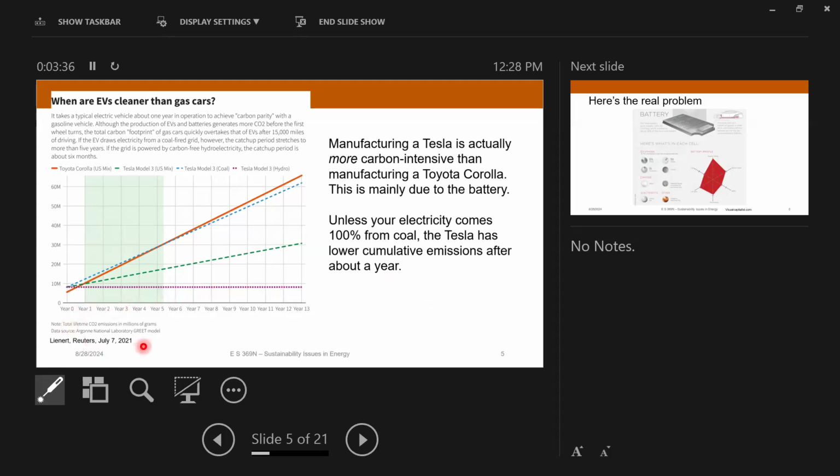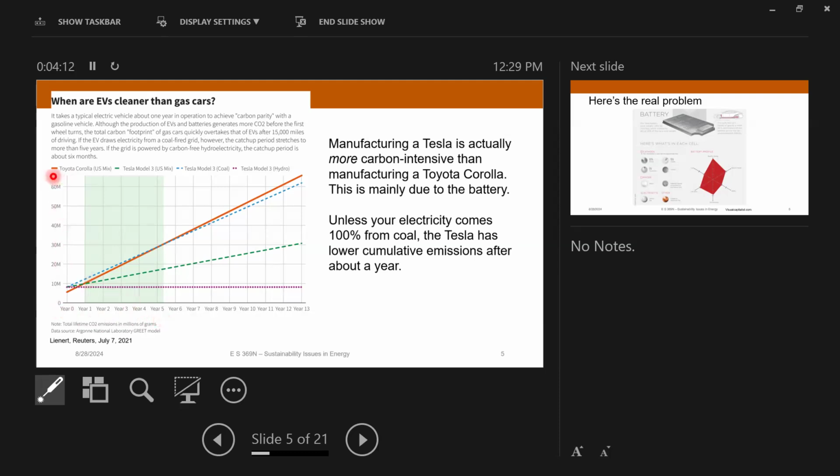And this is kind of the best, most recent figure I could find. What we're looking at here is, if you buy your car in year 0 and then keep it for a certain number of years, the y-axis here is cumulative CO2 emissions from the operation of the vehicle, and it's in millions of grams, which is not really that useful a number until you realize that 1 million grams is 1 metric ton.